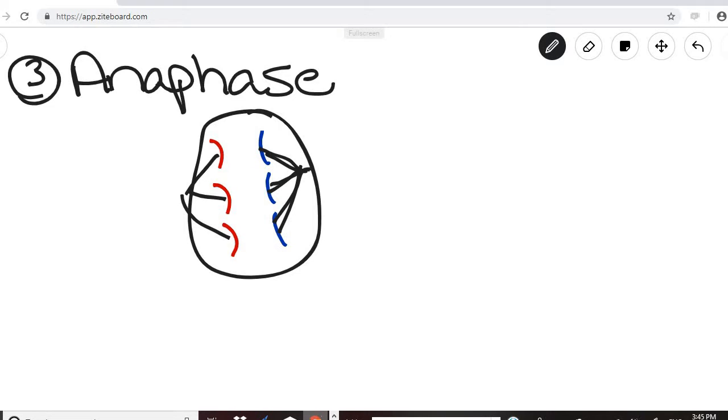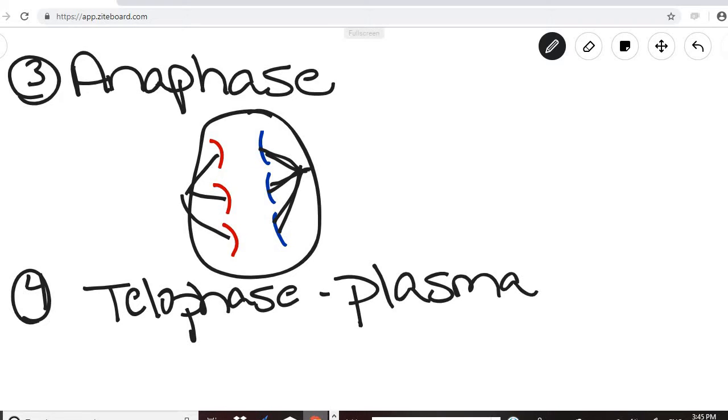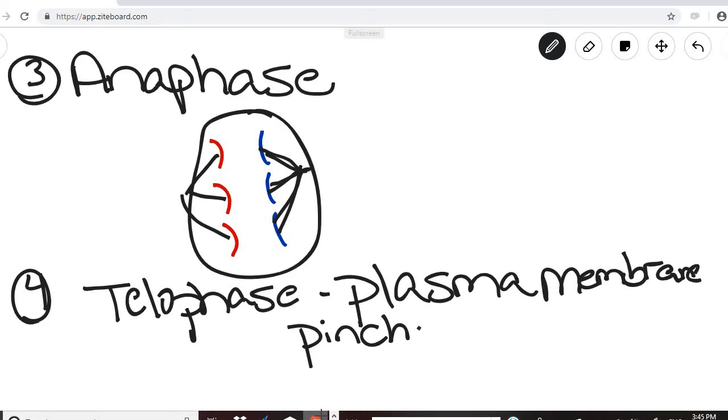I'll go ahead and write up the last one here, which is telophase. And in telophase, the plasma membrane pinches off, and you end up with two cells.